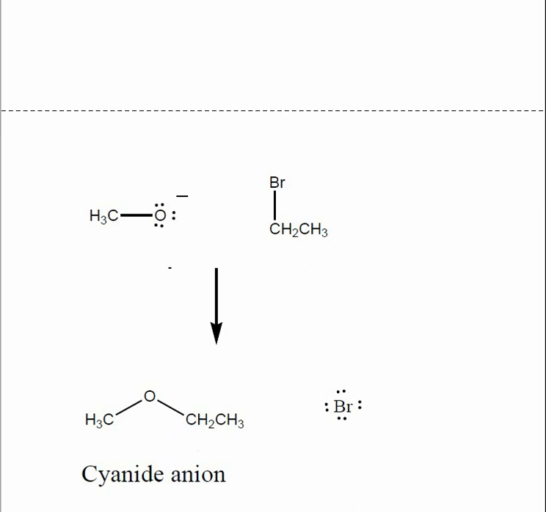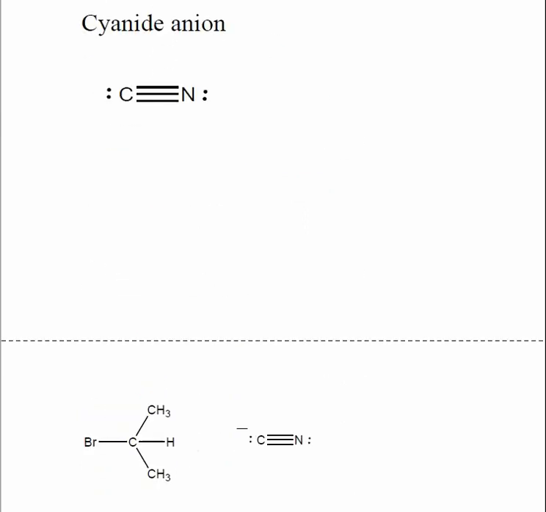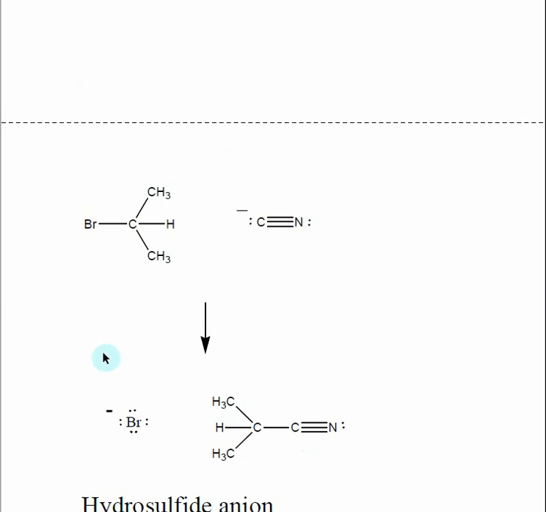So another good nucleophile is the cyanide anion. Once again, I don't know where my negative charge is, so there should have been a negative charge on this carbon, so my cyanide should look like this. But the cyanide anion is another good nucleophile. And the same thing applies, it's just repetition.